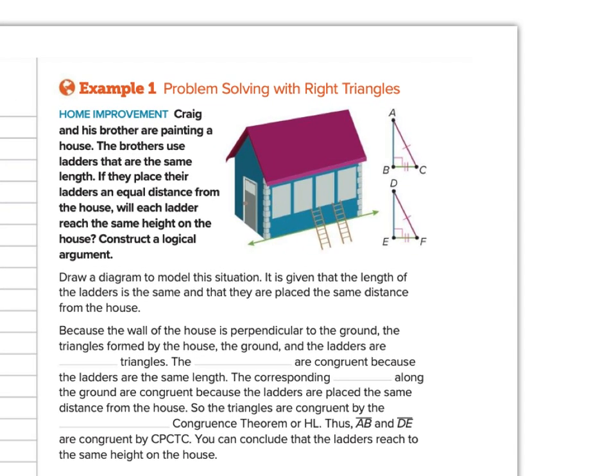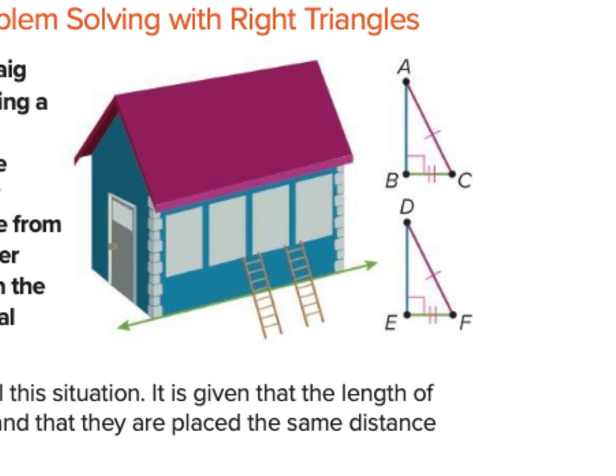So here, Craig and his brother are painting a house, and the brothers use ladders that are the same length. If they place their ladders at equal distance from the house, will each ladder reach the same height on the house? Construct logical arguments. They're saying that my ladders are the same length, my ladders are placed the same distance away from the house, and the wall is built at a 90-degree angle, or we're making that assumption, that it's proper construction.